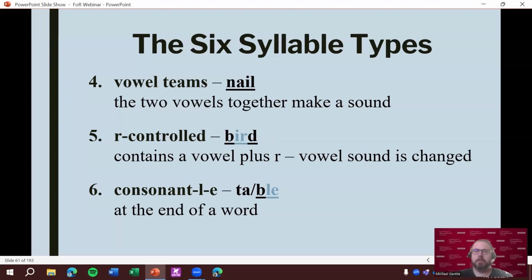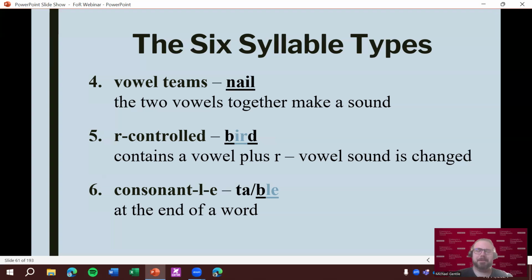These are what we were talking about last time in R controlled sounds. R controlled syllable types are just a syllable that contains an R controlled sound. So just to repeat myself from before, these are IR, OR, AR, ER, UR. Most of them say but you can also get an or an hour.